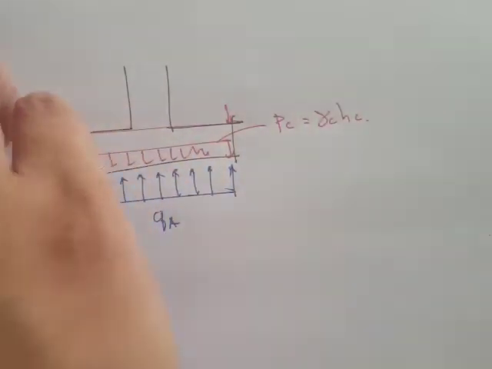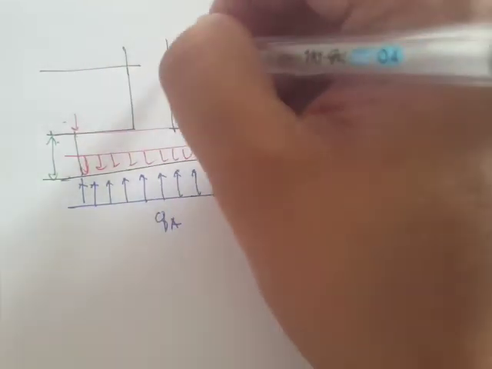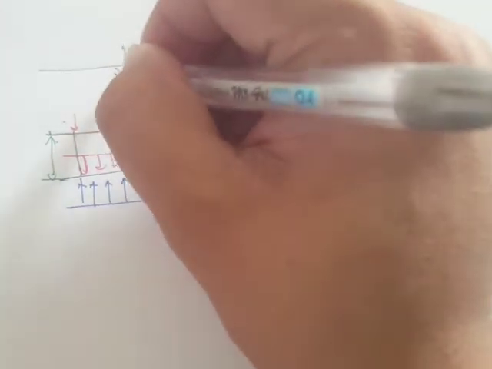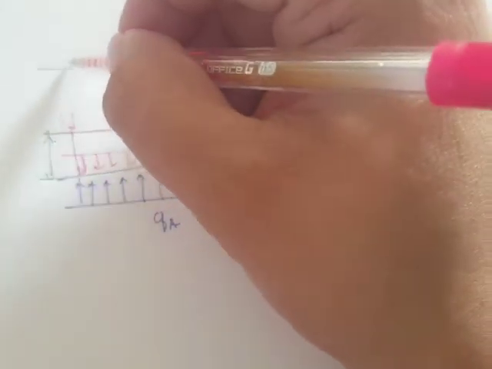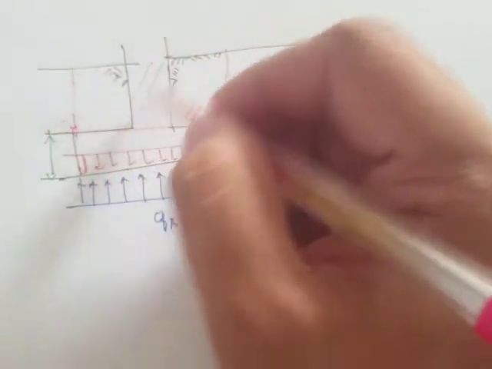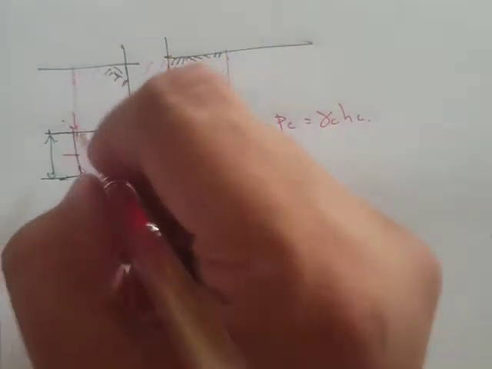And since we also have, let's say, this is our grade line or natural grade line, you'll notice that there are also loadings from the soil above the footing. This soil above the footing also induces pressures.